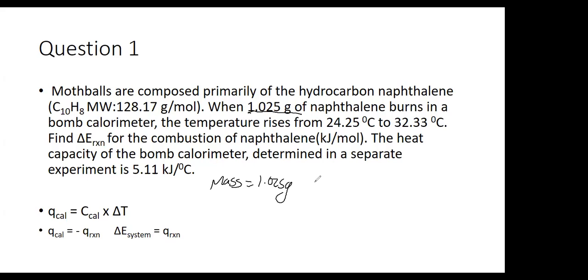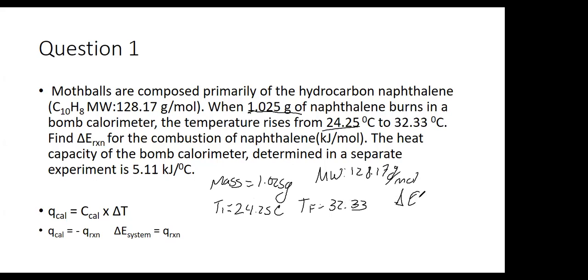So mass of naphthalene is that, my molecular weight is given as well, right? So temperature, initially, my temperature initial is 24.25 centigrade. My temperature final is 32.33. What is delta E of reaction? So what is delta E reaction or system?